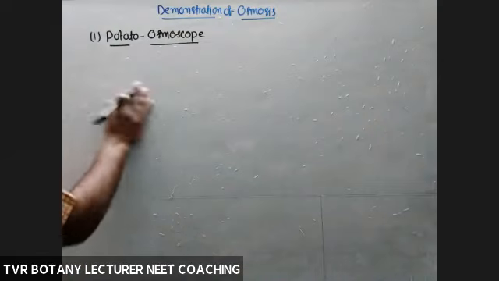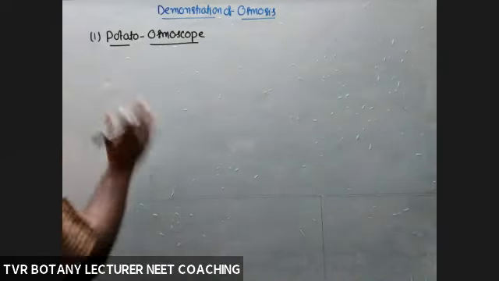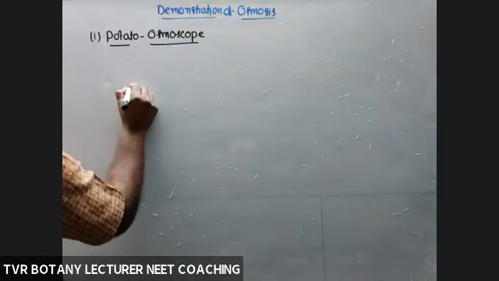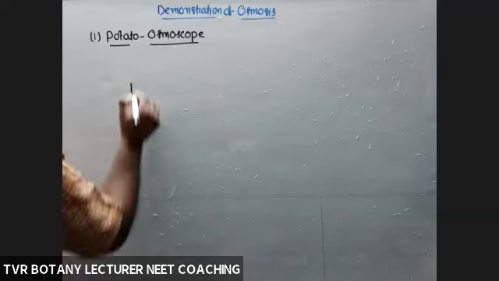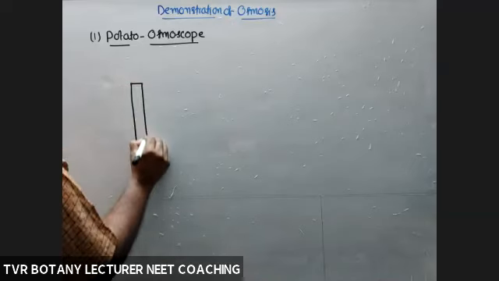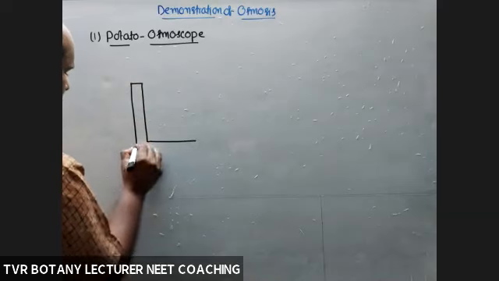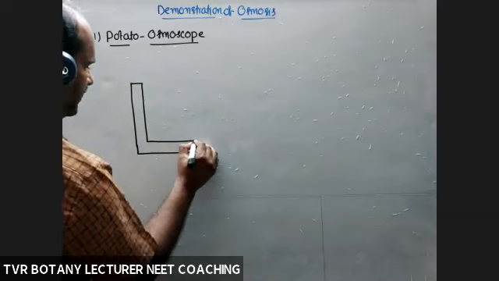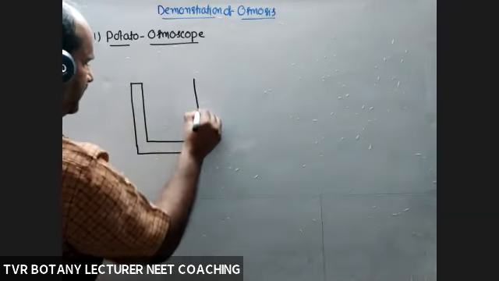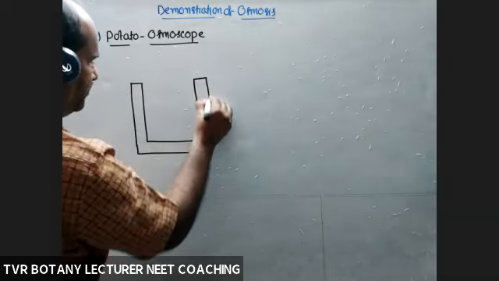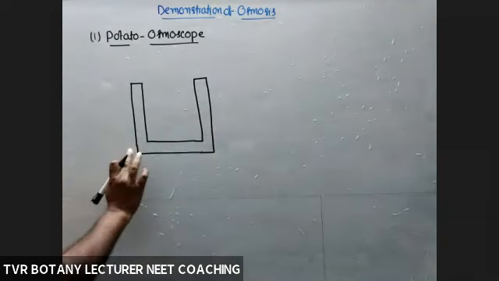Okay, so take one potato, cut the potato like this. So this is a cut potato like a U-shaped potato, and the bottom of that potato must be very thin.